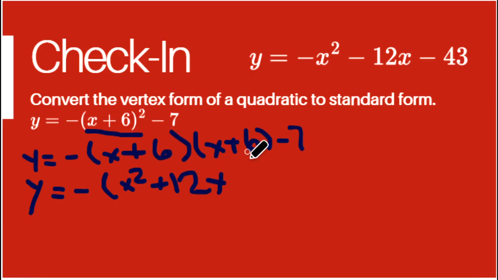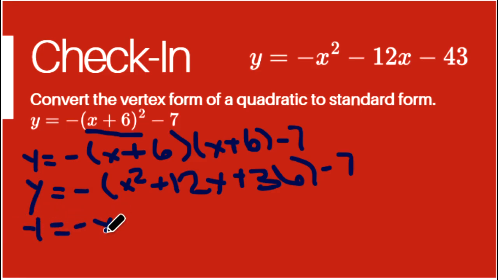And then we have 6 times 6, which is 36, minus 7. Now we need to distribute this negative out, so we have y equals negative x squared minus 12x minus 36, and our subtract 7 drops down.